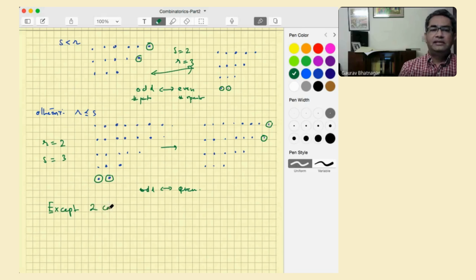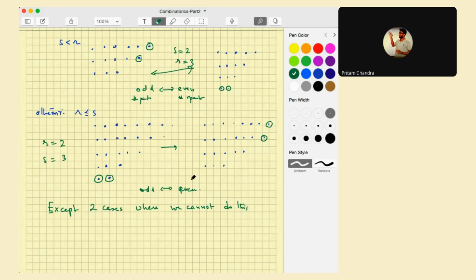So this happens most of the time, except in two cases where we can't do this. Sir, we are considering distinct partitions into an even number of parts, not even parts. Yes.